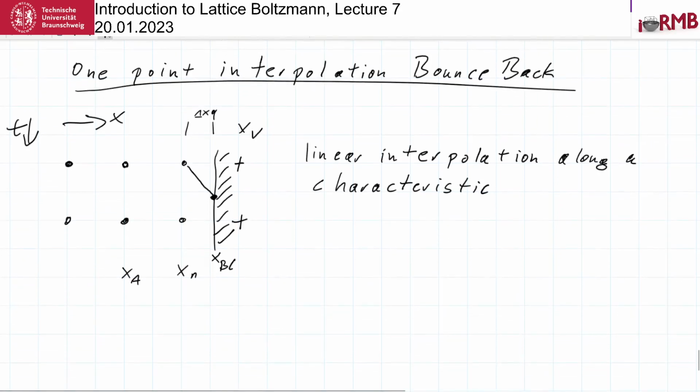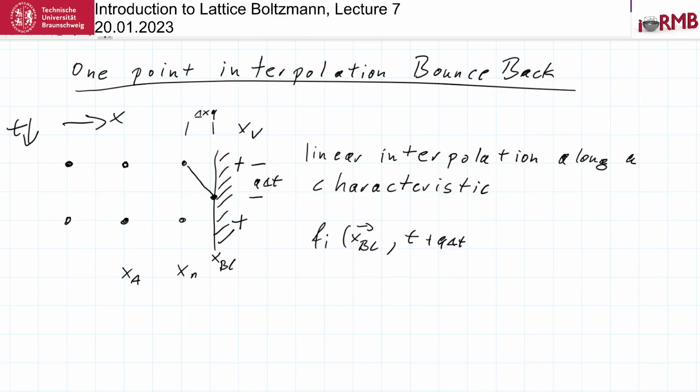And this leads us to the boundary. So at the boundary, f_i at x_bc and at the time t plus q delta t. Because we are moving, this here is q delta t. We don't have only q delta x, we also have q delta t in the other direction, obviously.